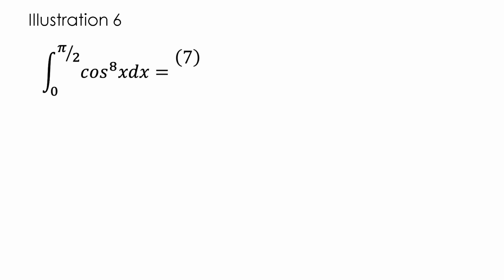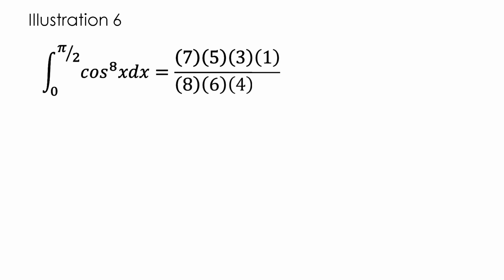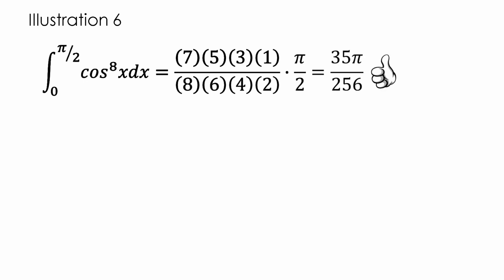So it follows 7 will be multiplied by 5, multiplied by 3, and multiplied by 1, all over 8 multiplied by 6, multiplied by 4, and multiplied by 2. We multiply alpha, which is equivalent to pi over 2, since 8 is even. And our answer will be 35 pi all over 256.